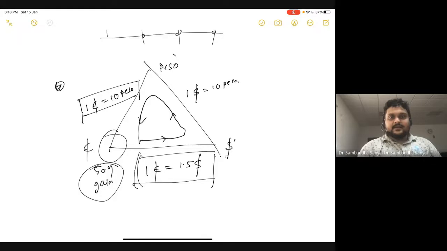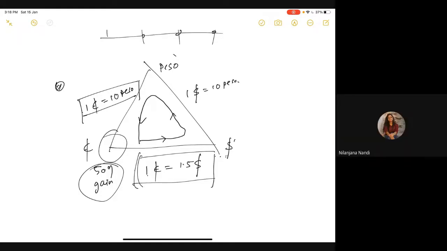Okay. Nilanjana, do you follow this? No, the last statement is not very clear yet. I understand the 50% gain, but then you said something about the observables not changing.